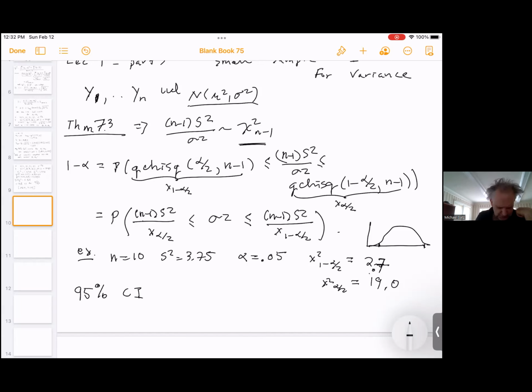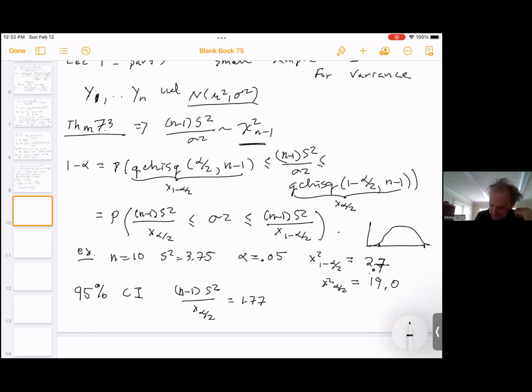I just did this ahead of time, but yeah, let's see. So I get (n minus 1) s squared over x alpha over 2. This turns out to be 1.77.